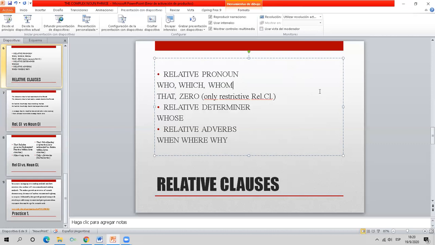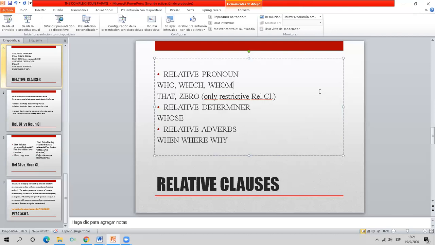I could say, the man whom I love is not here. Whom I love is a restrictive relative clause. And I'm using whom because it is the object within the relative clause. It means that the relative clause would be I love whom.